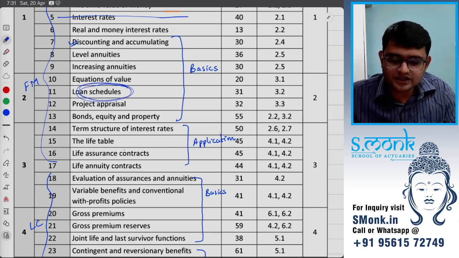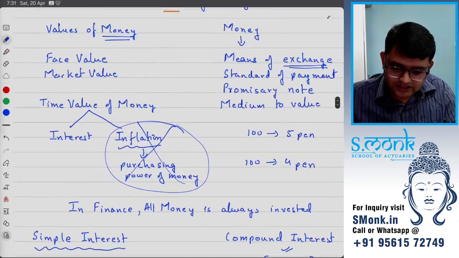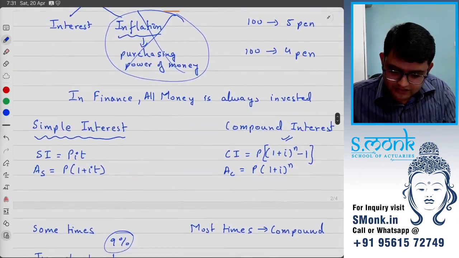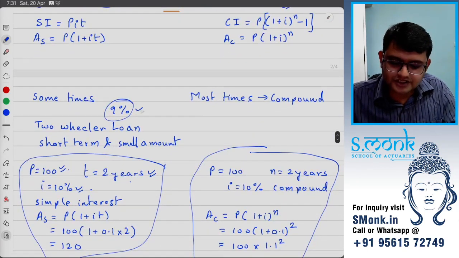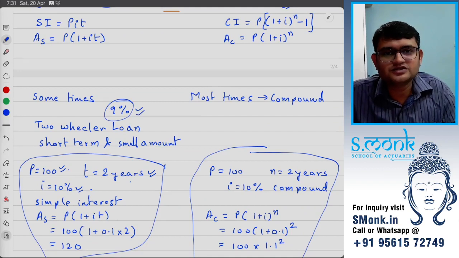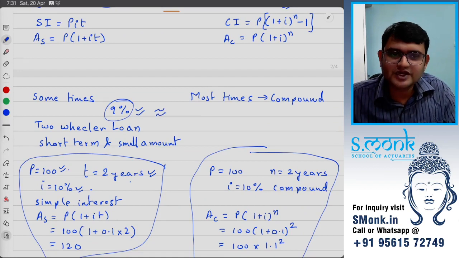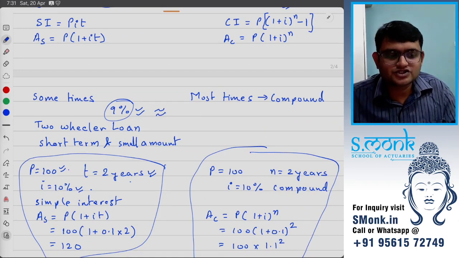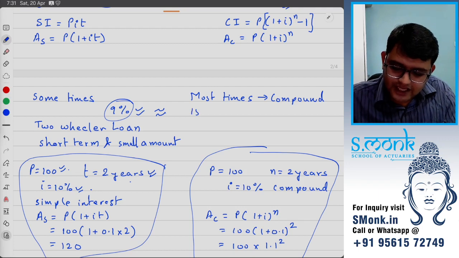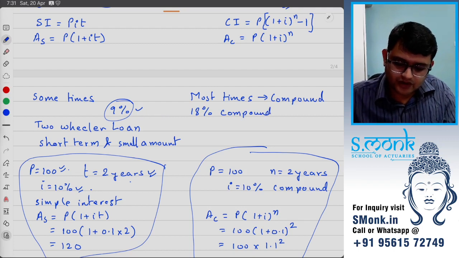We are going to learn that this 9% simple interest is equivalent to, or you will pay interest similar to, 18% compound. Okay. The same amount of interest that you would pay in 18% compound is the same as simple 9%.